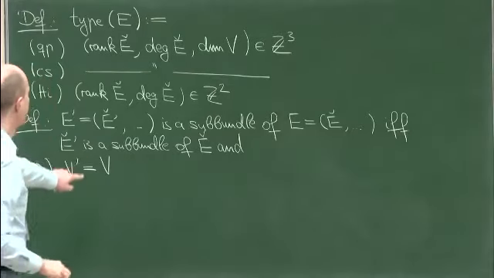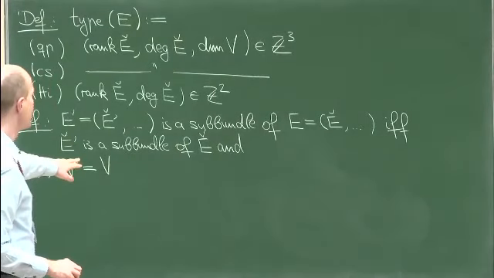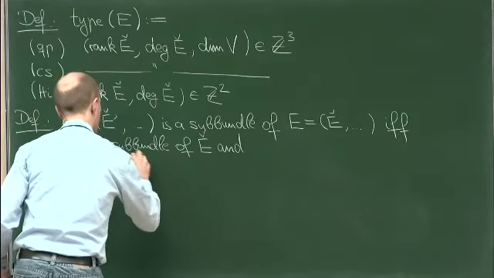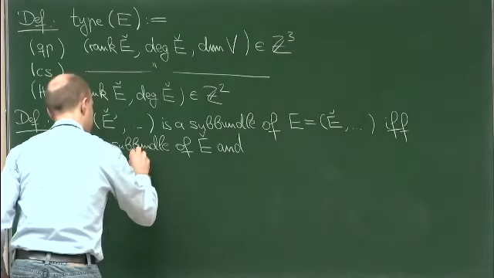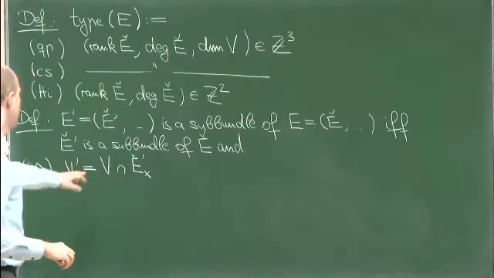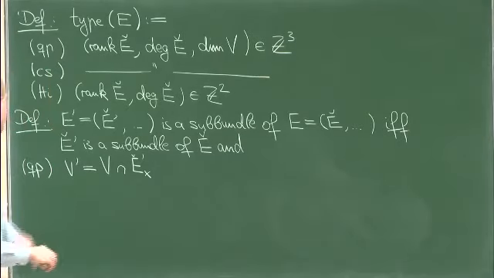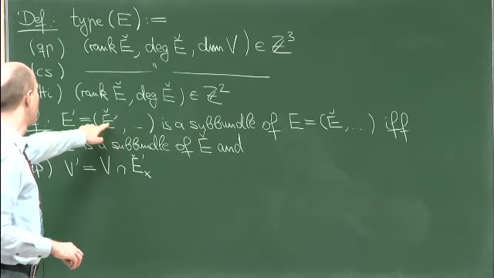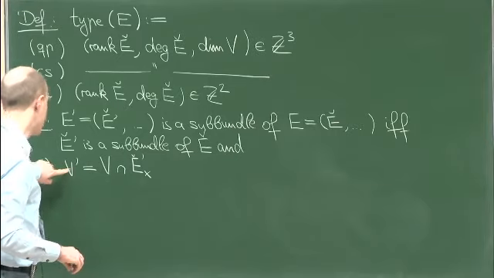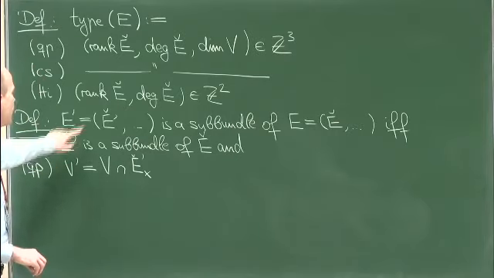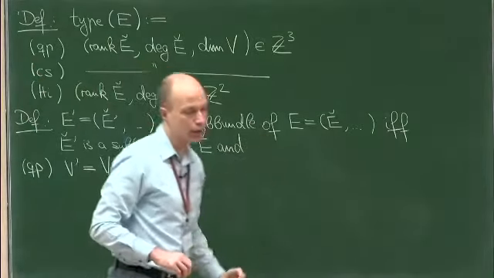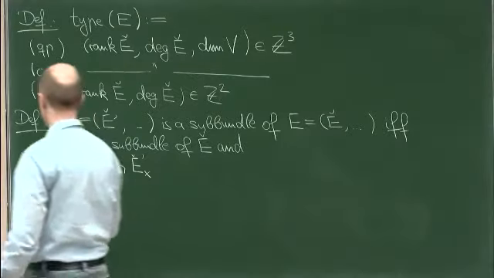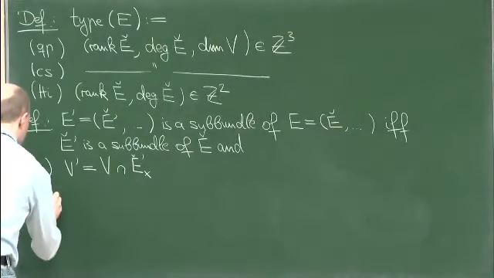This is a linear subspace in the fiber of the big bundle, so we can intersect it with the fiber of the small bundle and get a subspace in the fiber of the small bundle. And if this pair E prime consists of a subbundle endowed with this linear subspace, then we say it is an augmented subbundle of E. So that's a notion of subbundle taking into account the augmentation.